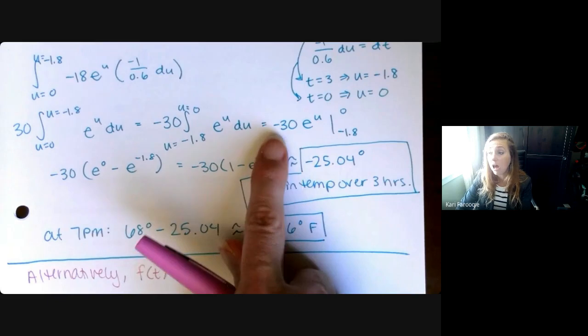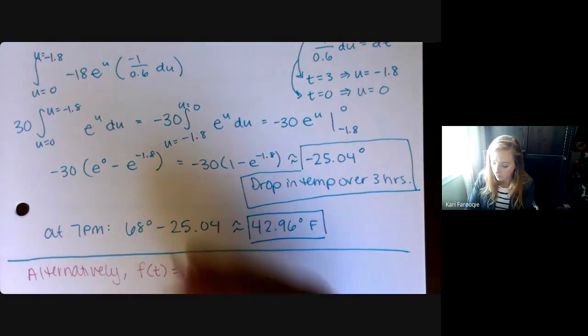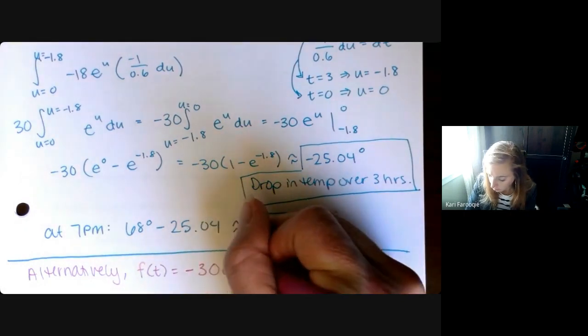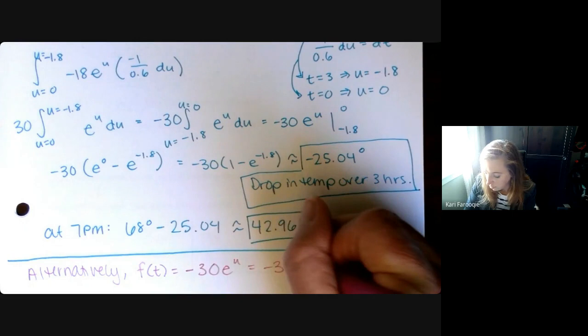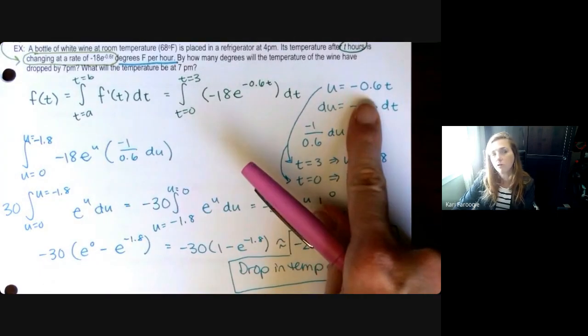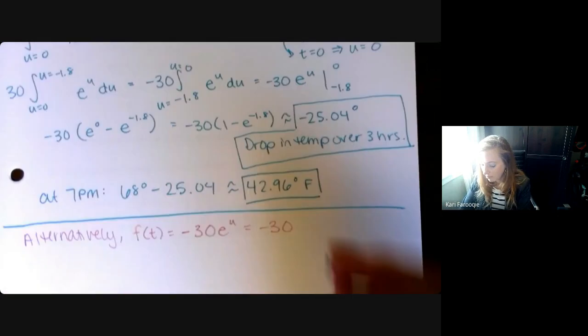It's just that we happened to apply these upper and lower limits of integration. So we would say this was negative 30 e to the u, which was negative 30. I know, you're like, f of t, where's this u coming from? Just sub it back in. U is negative 0.6 t.